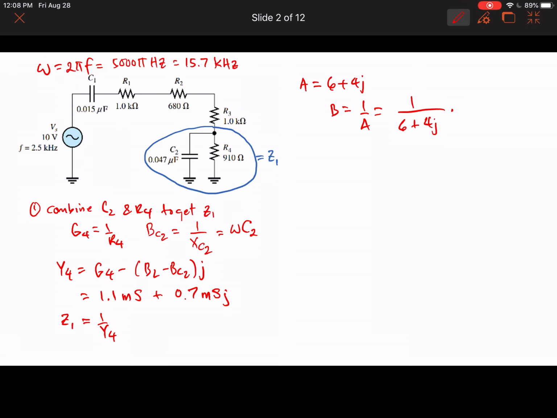Okay, and to remove the complex number in the denominator, we multiply everything by 6 minus 4j. Okay, and what we will get for b is 6 minus 4j divided by 6 squared plus 4 squared, because 6 squared here and 4 squared there.